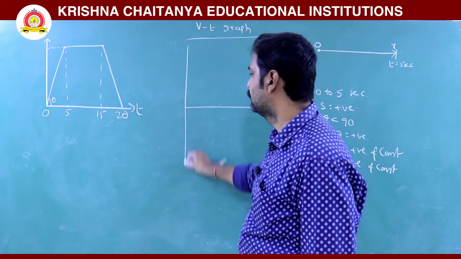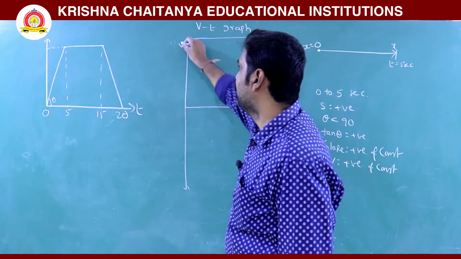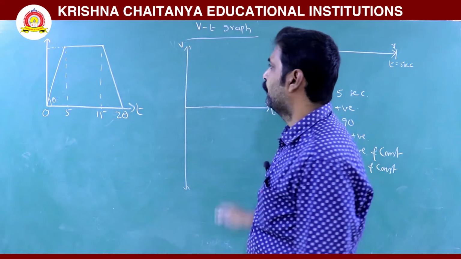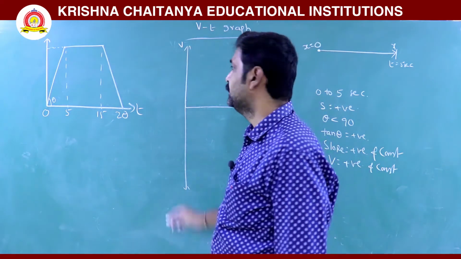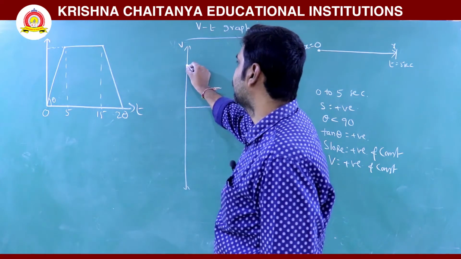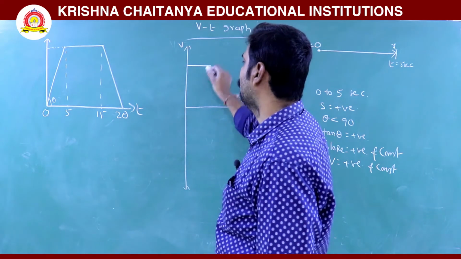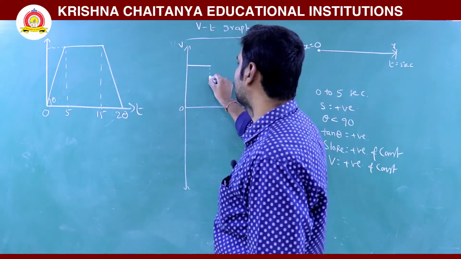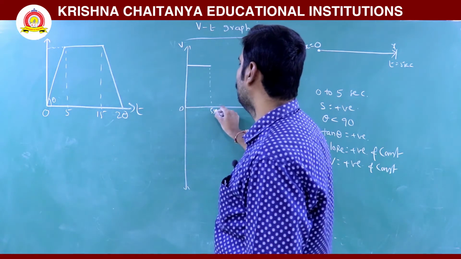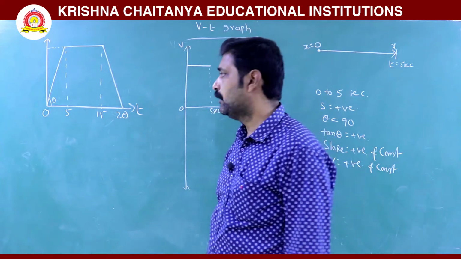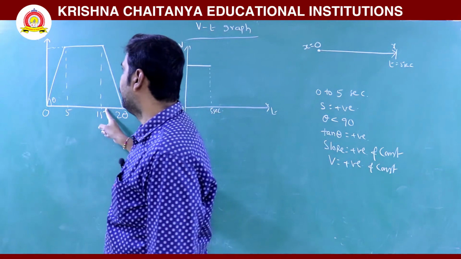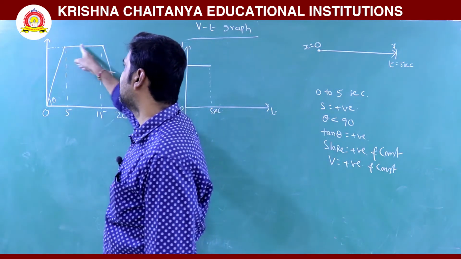So this is the velocity-time graph. Velocity is positive and constant up to 5 seconds.